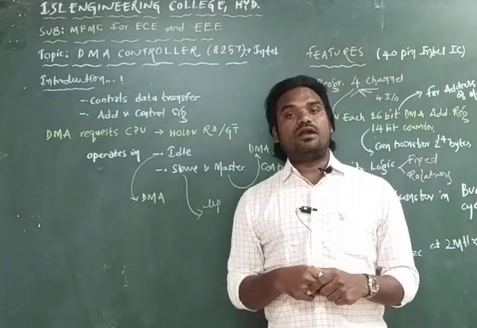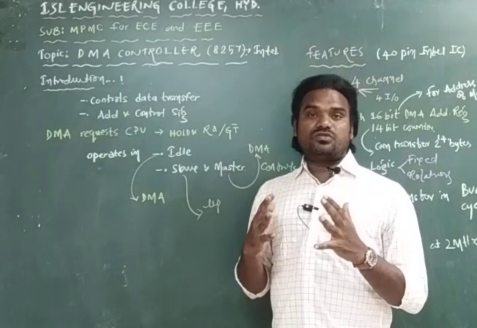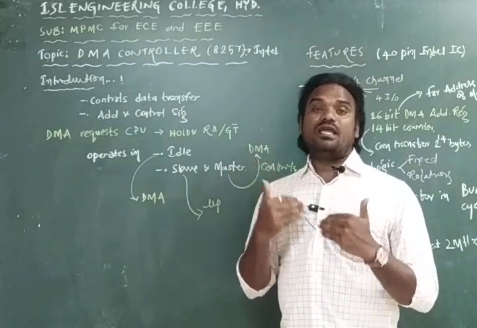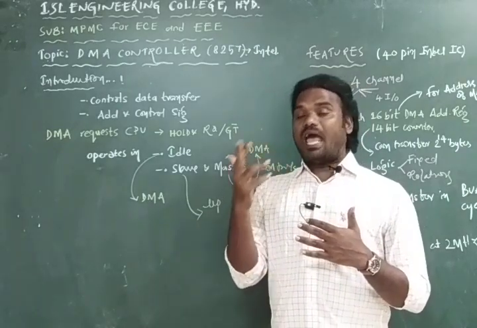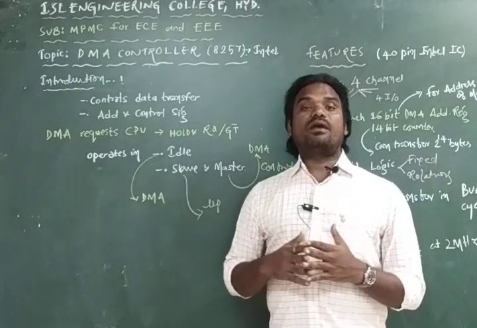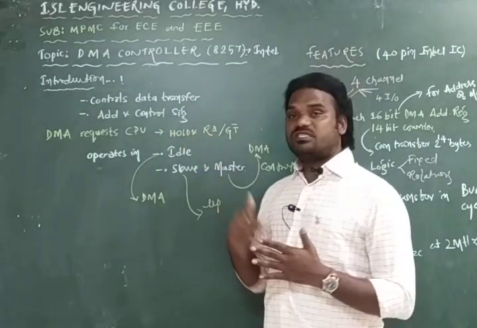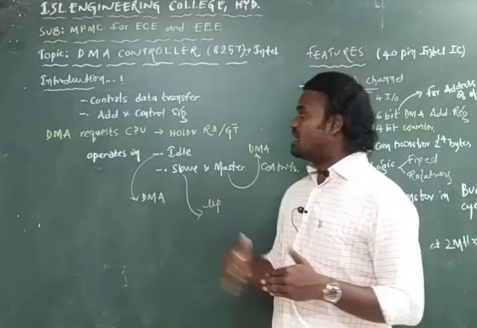So the DMA controller allows the input output devices to access the memory, controls the data transfer between the input output devices and the memory, and generates the address signals and the control signals for that data transfer.